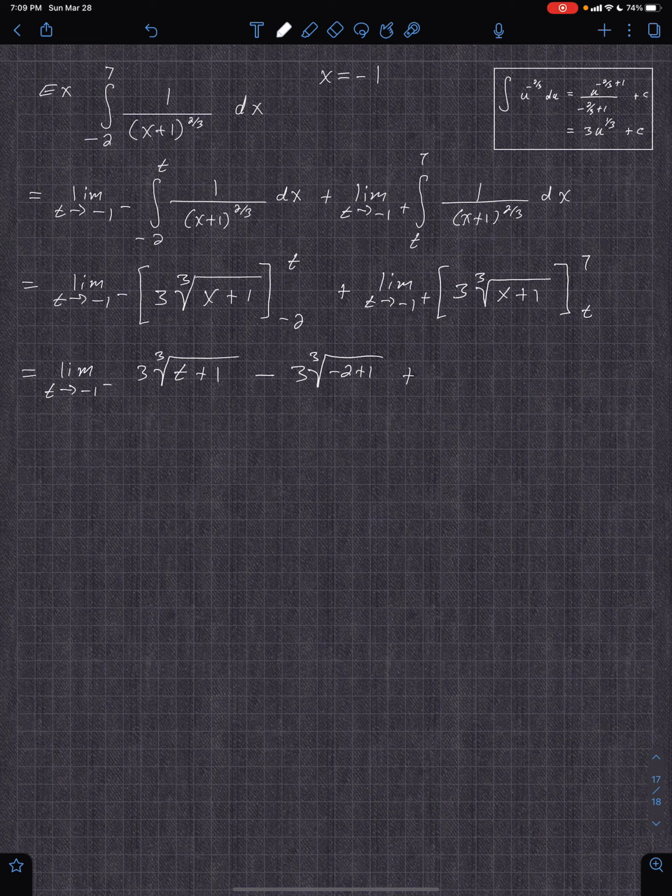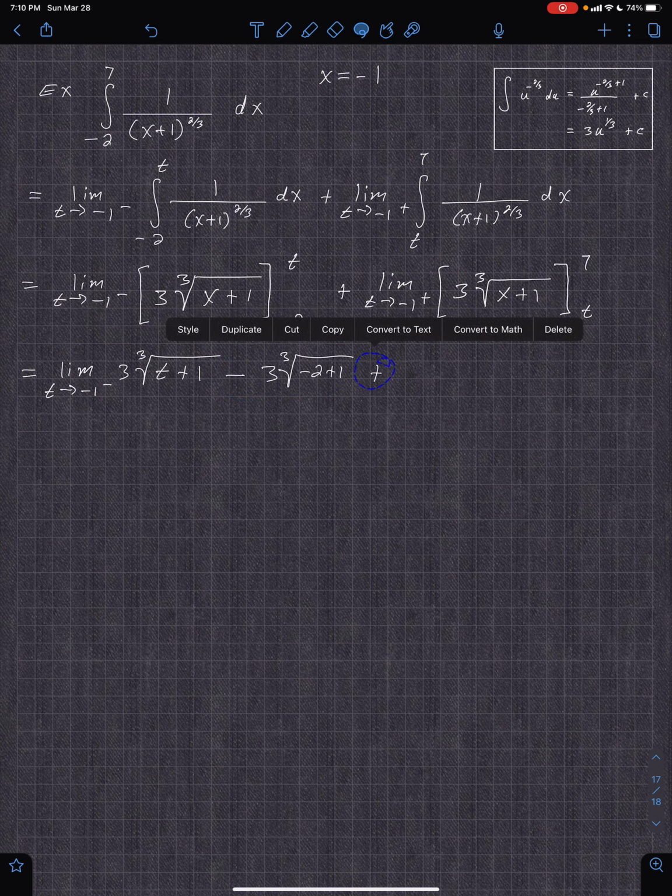And then plus, and put that in brackets, the limit as t approaches -1 on the right.